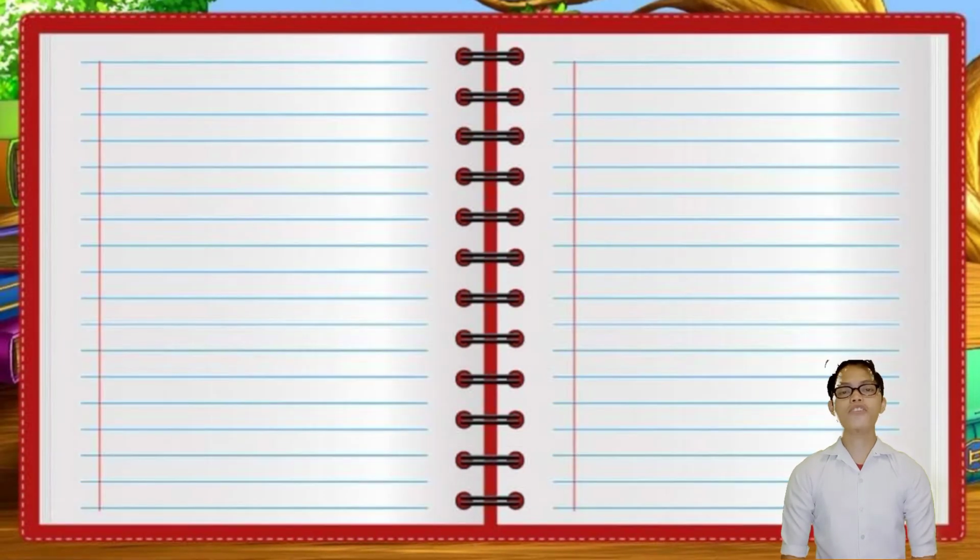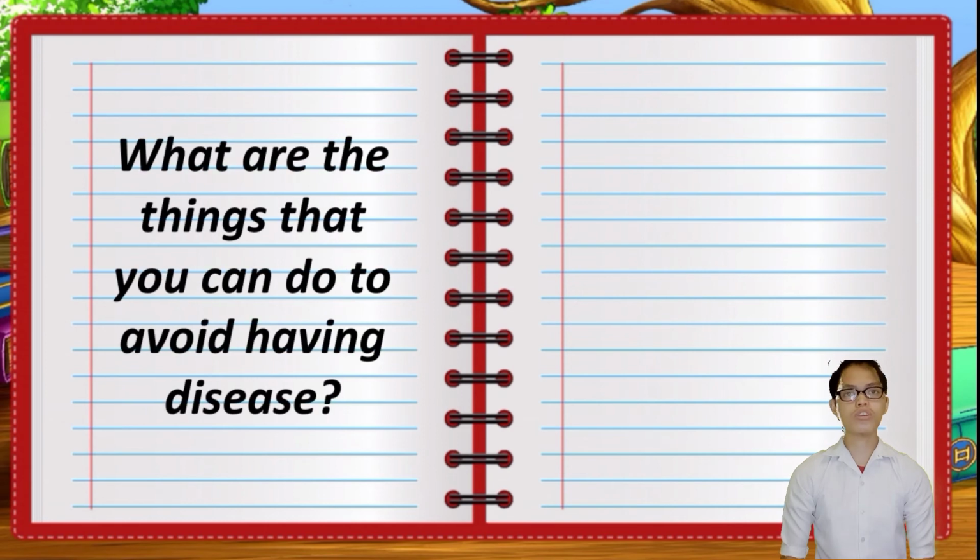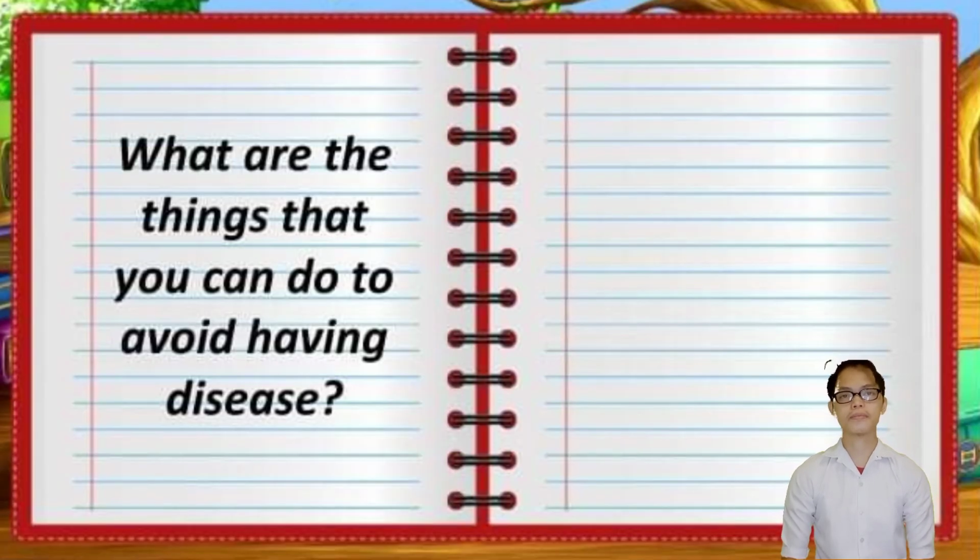Now that we have finished our lesson, may I ask what are the things that you can do to avoid having disease? Very good. Eat healthy foods. Always take a bath. Yes, wash your hands before and after eating. Exercise. Anyone?